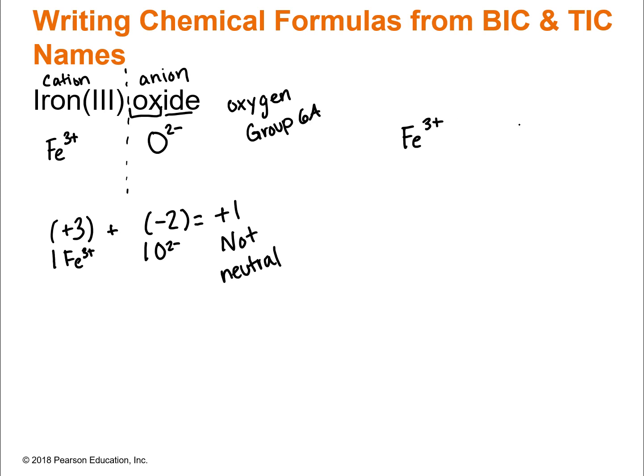When you run into that situation, here's what you do. The number in the charge for the iron, this is our cation, becomes the subscript for the anion, our oxygen.